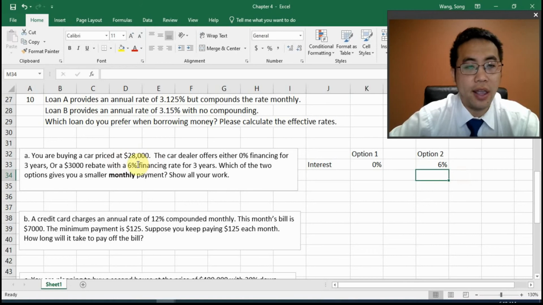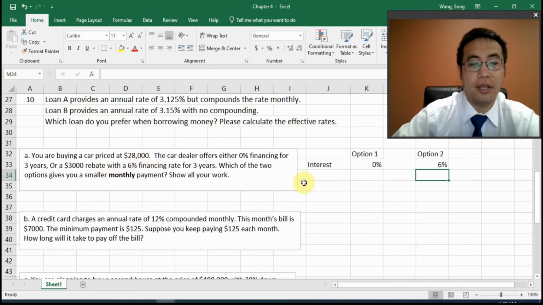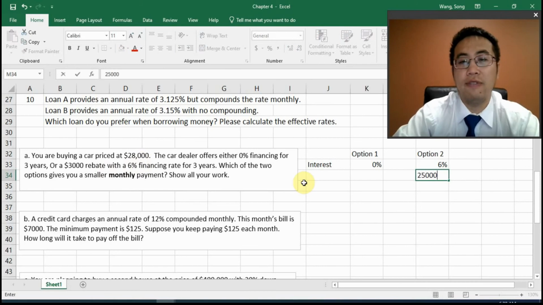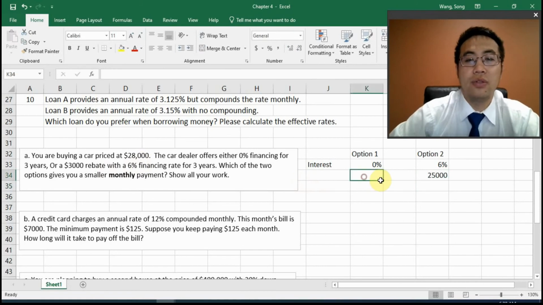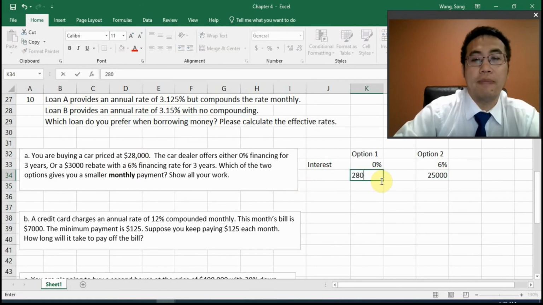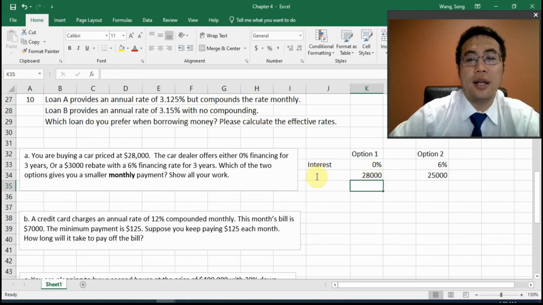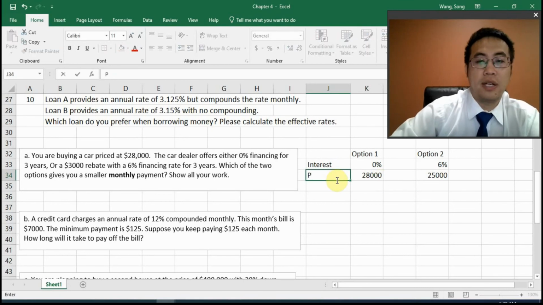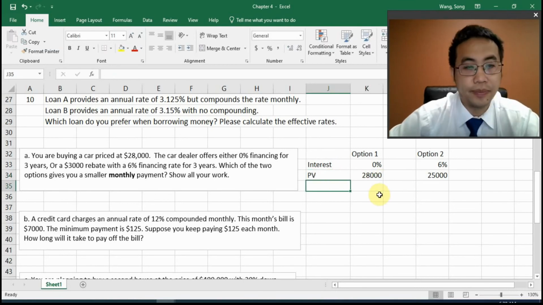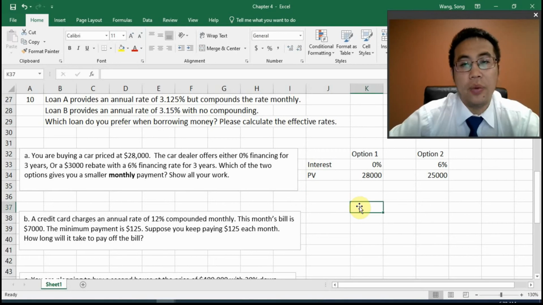Instead of paying $28,000, you are paying $28,000 minus the $3,000 rebate. So essentially, you are paying $25,000. But if you choose 0% financing, you are paying the full $28,000. So this is going to be the present value for you to finance. And you want to know which option would be better for you.